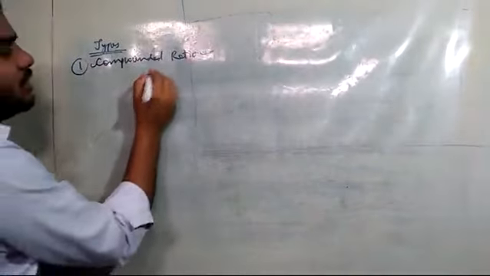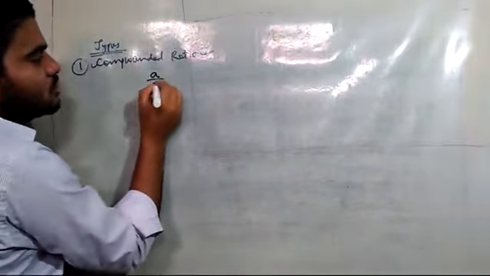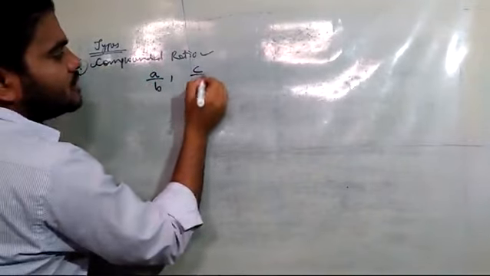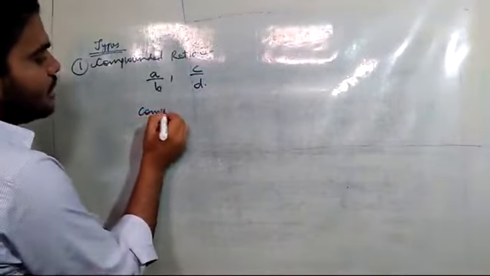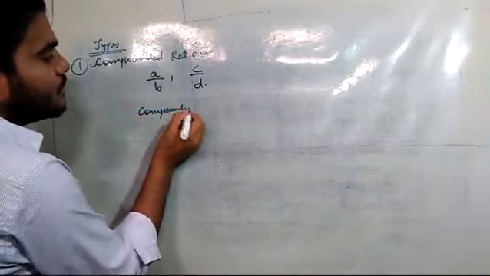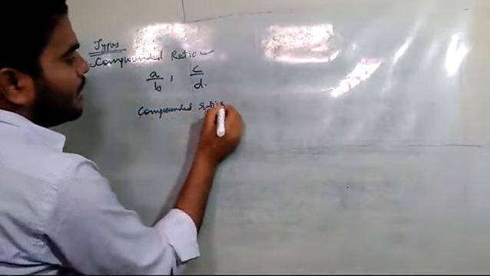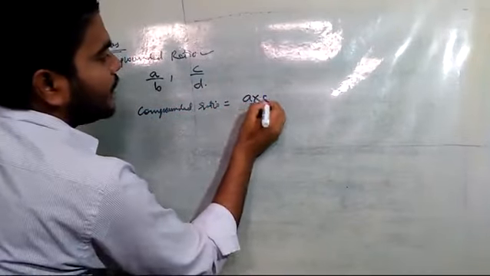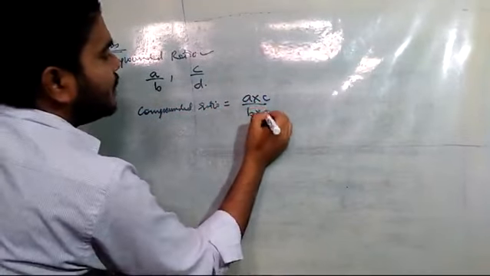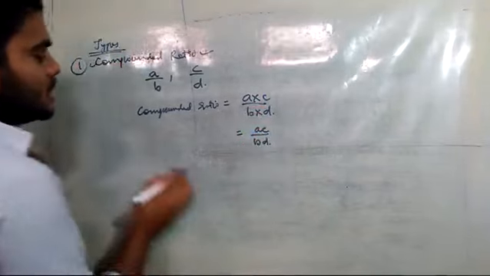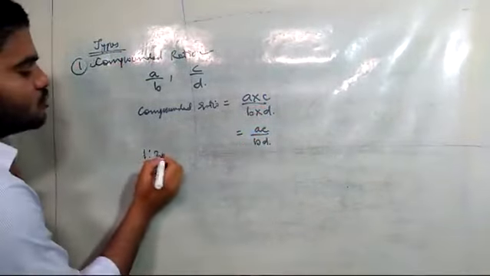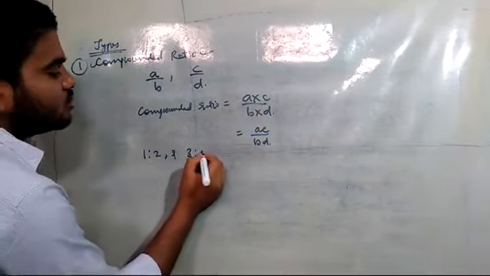So what is compounded ratio? Suppose we have two ratios, A is to B and C is to D. Then their compounded ratio is equal to A multiplied with C, B multiplied with D. Let's take an example: 1 is to 2 and 3 is to 5.